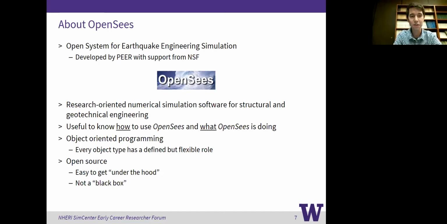So the other key component of OpenSees is that it's an open source framework. Okay, so it's really easy to get under the hood, so to speak, of OpenSees. You can go and actually look at the source code. It's not a black box. And if you're able to follow what's going on in the source code, then you can really understand what it's doing.